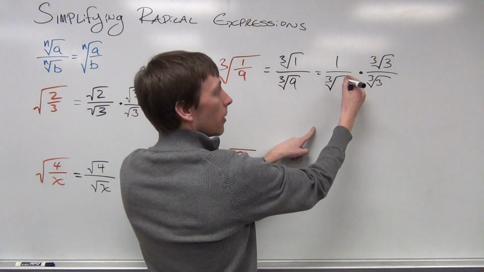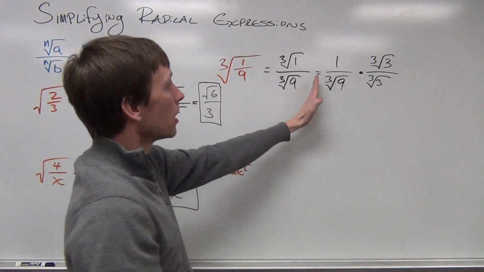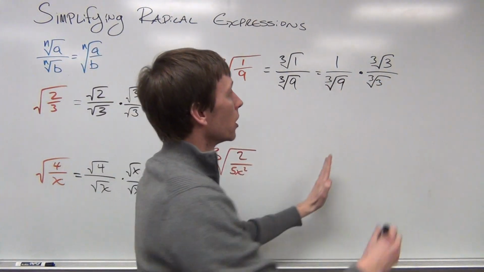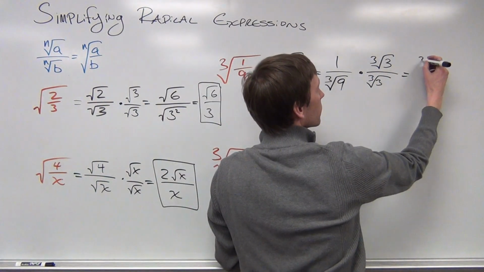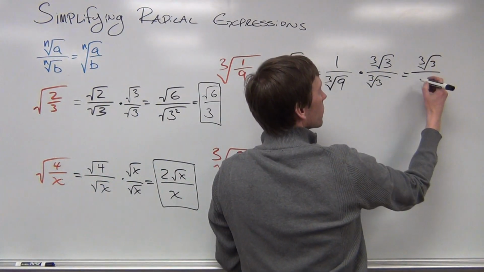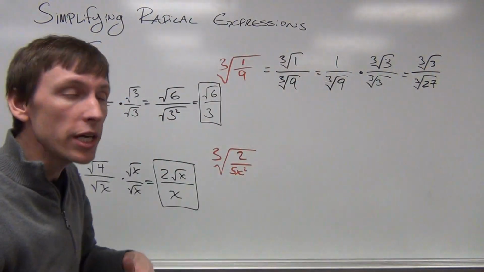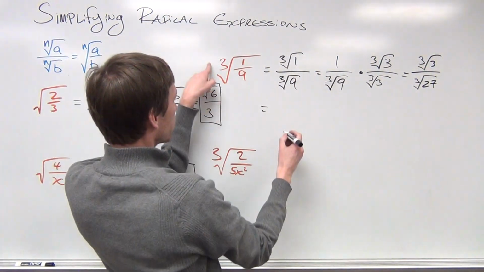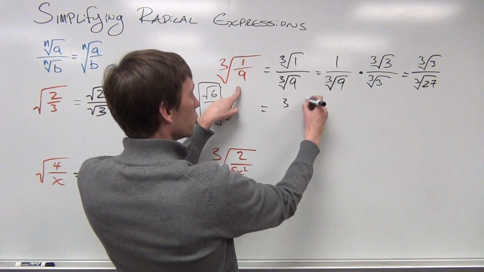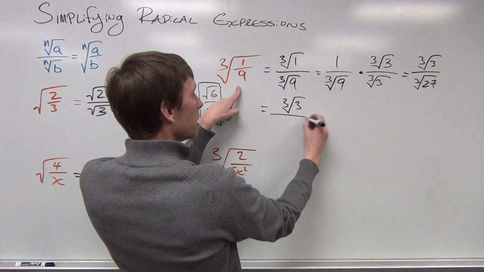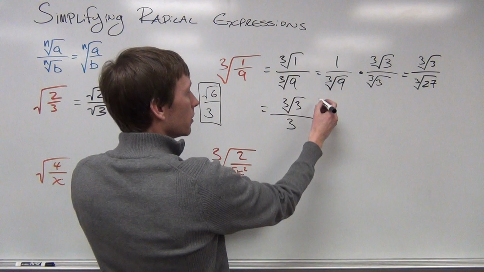I'm going to write that as the cube root of 27. Now, when we do that, this tells us that the cube root of 1 over 9 is equal to the cube root of 3 divided by 3.